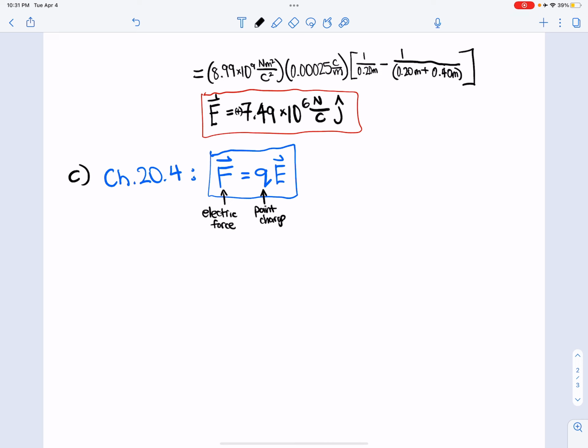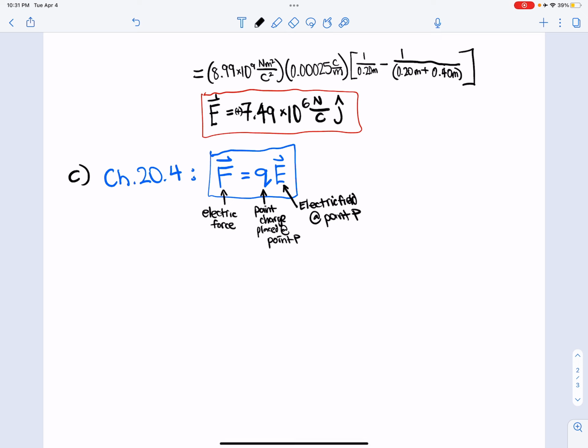So it's the point charge placed at point P, right? Which had a value of minus 6 times 10 to the negative 7 coulombs. And this is the electric field at point P. Okay?